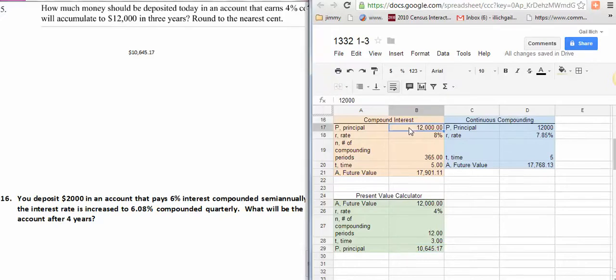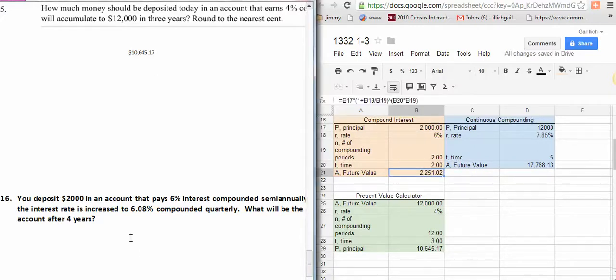So we have $2,000 and it's 6% interest compounded semi-annually, so that's twice a year, and that's for 2 years. So at the end of 2 years, you have $2,251.02.